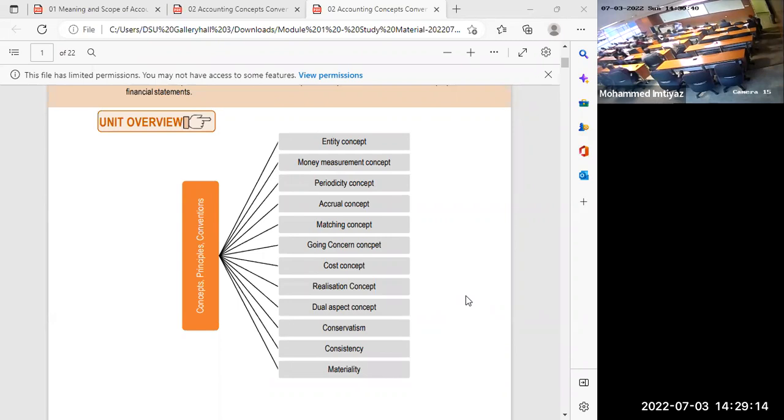So in case of sales made for 2 lakhs for cash, what will we do? Cash account debit to sales account, 2 lakhs each. Originally we received only 2 lakhs. That's for the receipt. But you lost the goods in favor of your customer. Your goods are going out. For that, 2 lakhs.